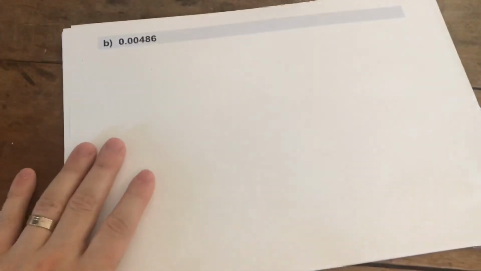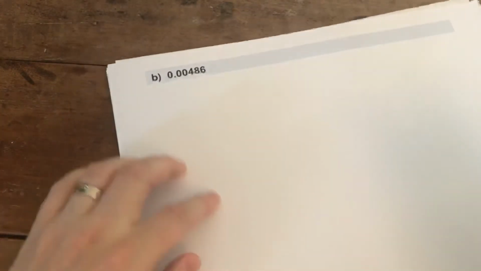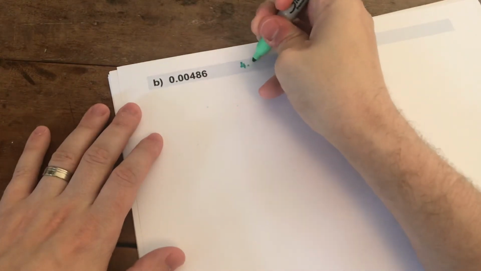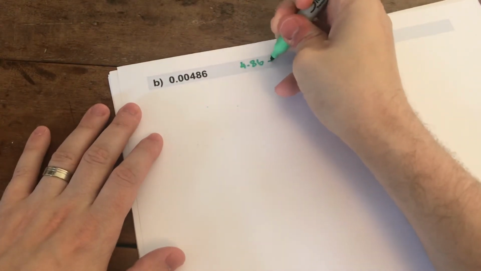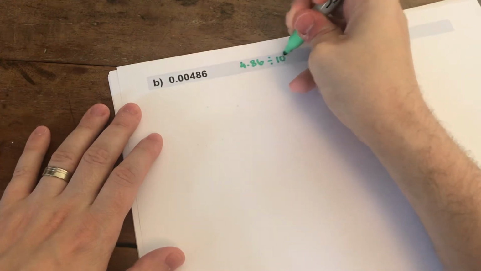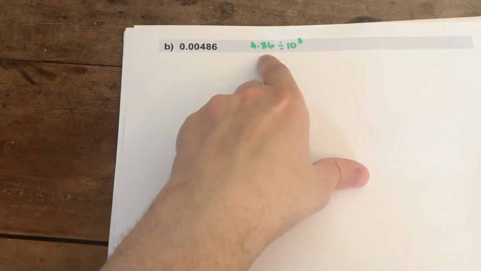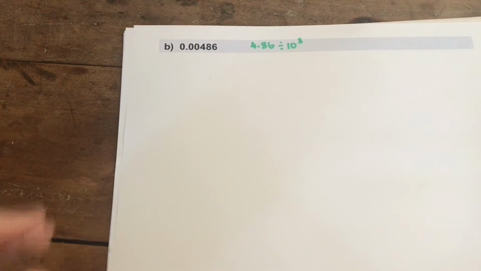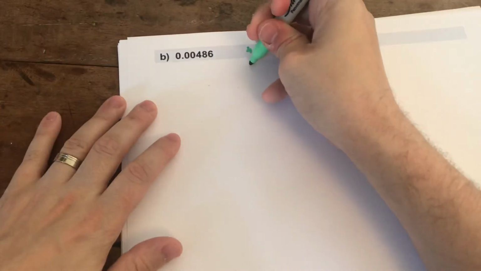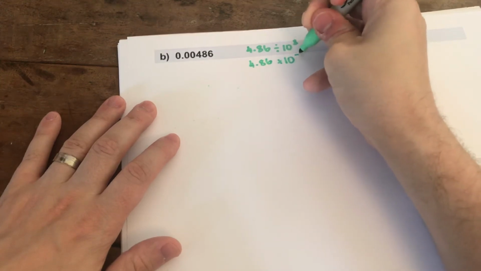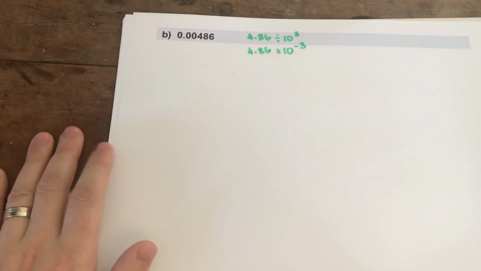I'm going to go through a second example. If we have a look at this problem here, this is the same as saying 4.86 divided by 10, three times: divided by 10, divided by 10, divided by 10. That means it's 4.86 times 10 to the power of minus 3.